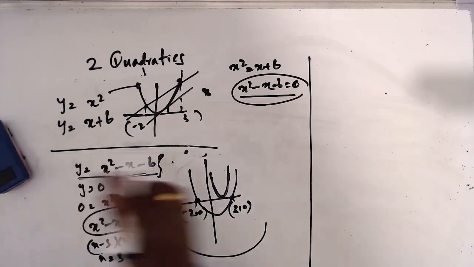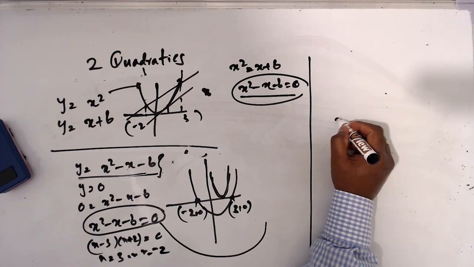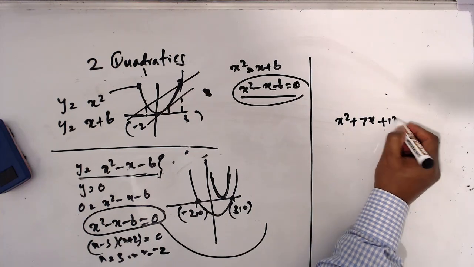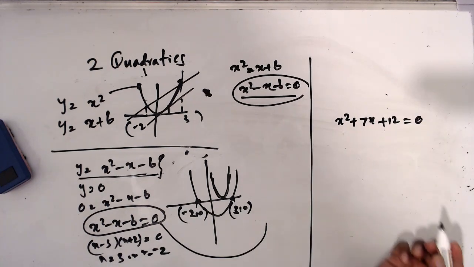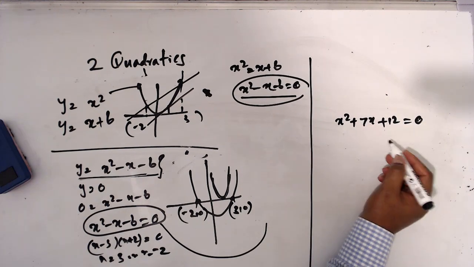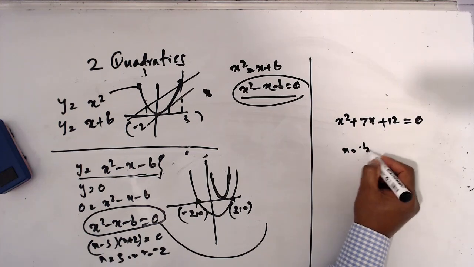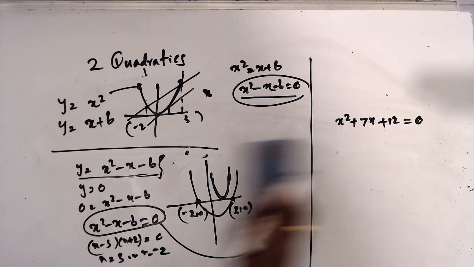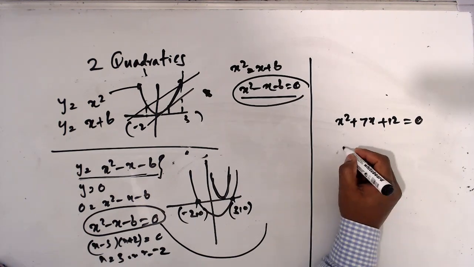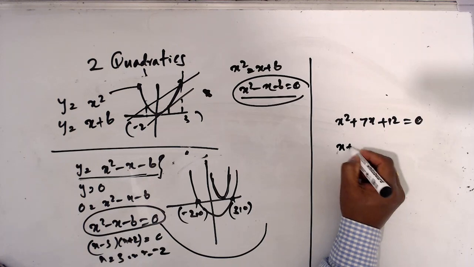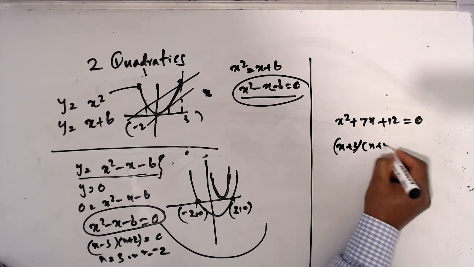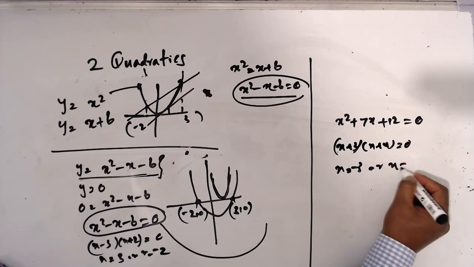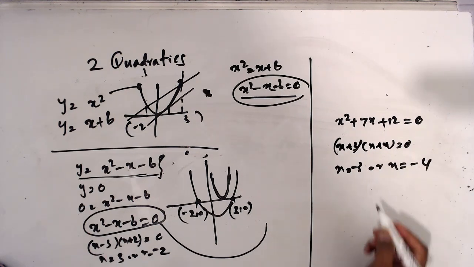If I ask you to solve x square plus 7x plus 12 equals 0, you can solve this the simple way: x plus 3, x plus 4 equals 0, x equals minus 3 or x equals minus 4.